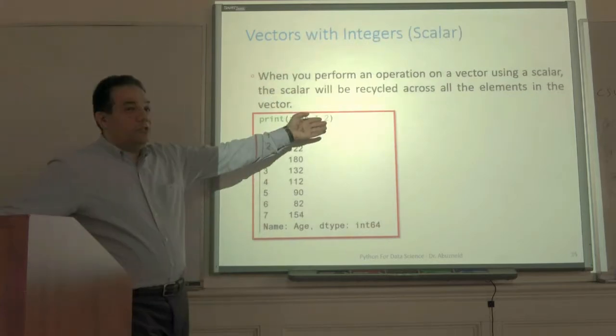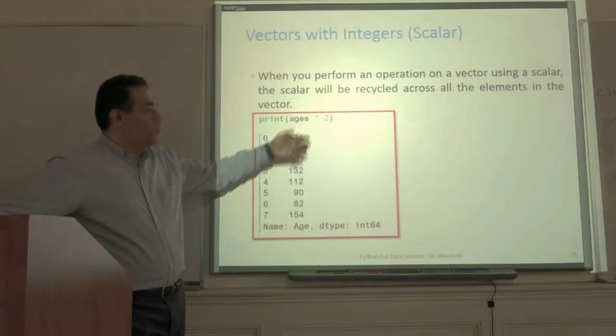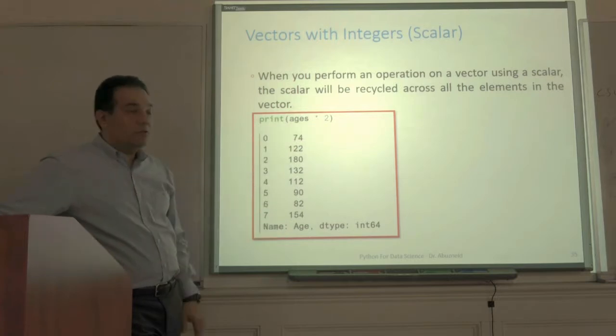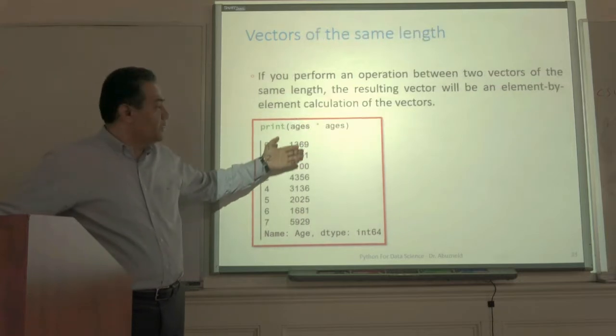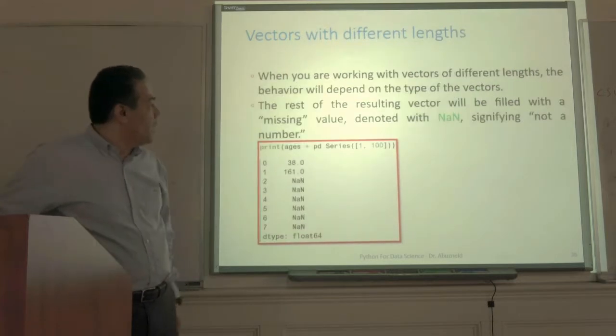If I say ages times 2, what does it do? It multiplies by 2, element by element. So this is vector by vector, and this is a scalar.